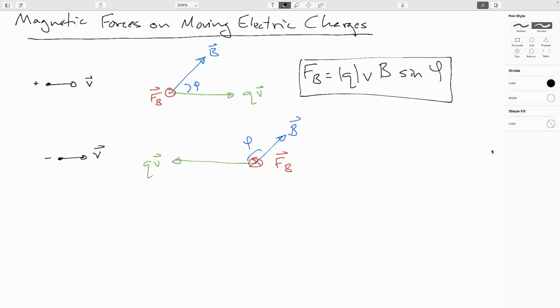So the way to remember this is to use the right-hand rule for magnetic forces. There's a bunch of different ways to do it. I'm going to show you how I like to do it.